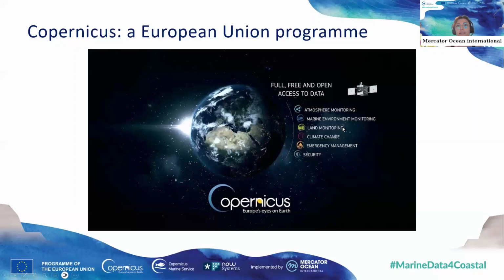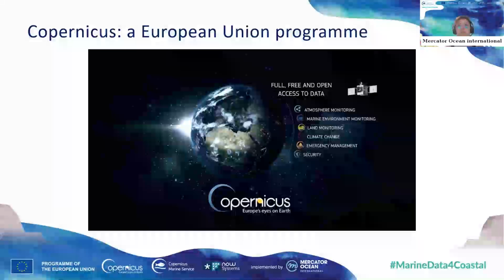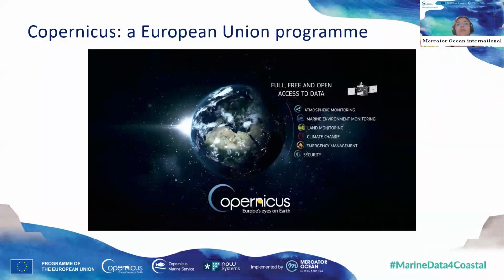It includes six services: atmosphere, marine environment, and land monitoring, and also three services for climate change, emergency management, and security. It provides information and free of charge open data products about all these different systems. And obviously the marine service focuses on monitoring the marine environment.